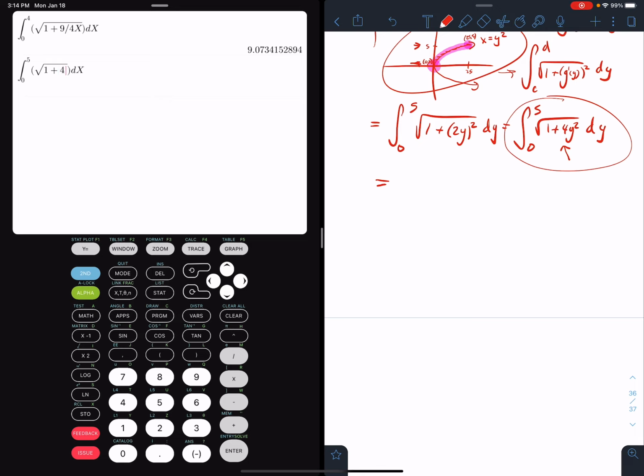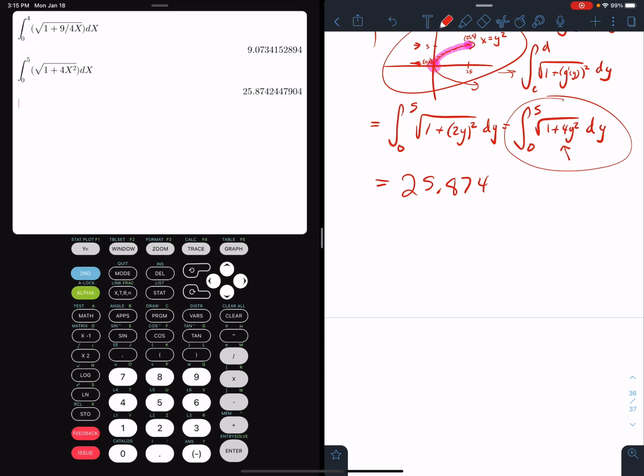Now, I see that I have a dx already in my calculator, so as long as you just use the same variable, it's okay. So don't get too caught up on, oh no, it's supposed to be y there. But you can see that that x is already built in there, so that's why I use that there. So I get 25.874, okay? And that happens to be the answer.